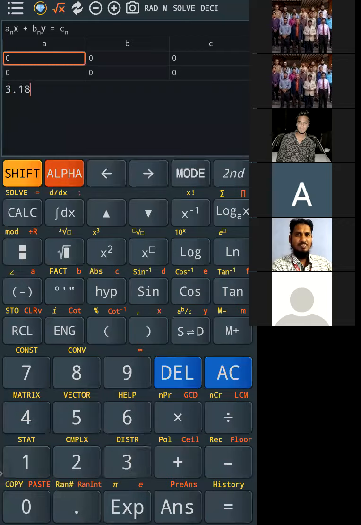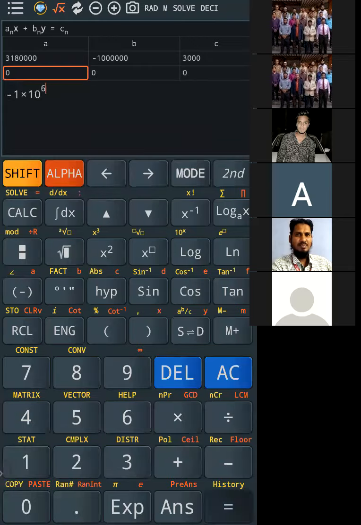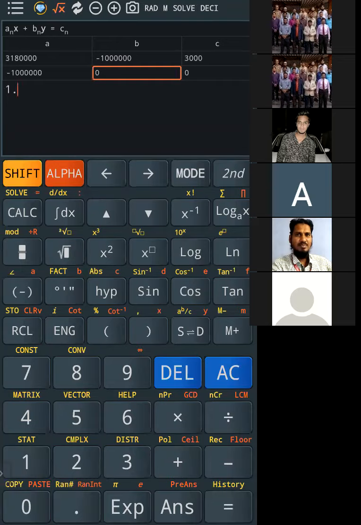So 3.18 into 10 raised to power 6, then minus 1 into 10 raised to power 6. And the C, that is torque, is 3000, right? Next, again minus 1 into 10 raised to power 6, and here 1.12 into 10 raised to power 6, and here minus 2000, right?